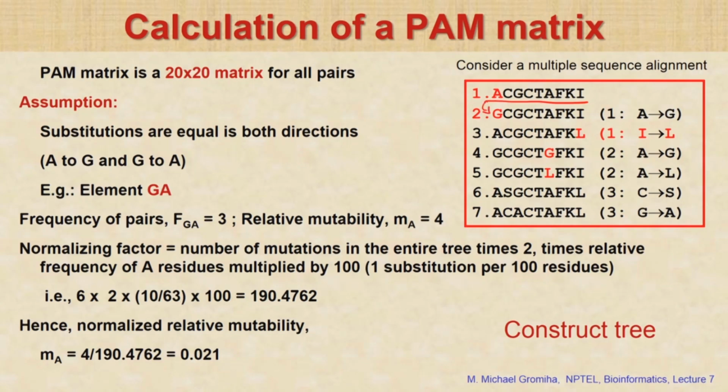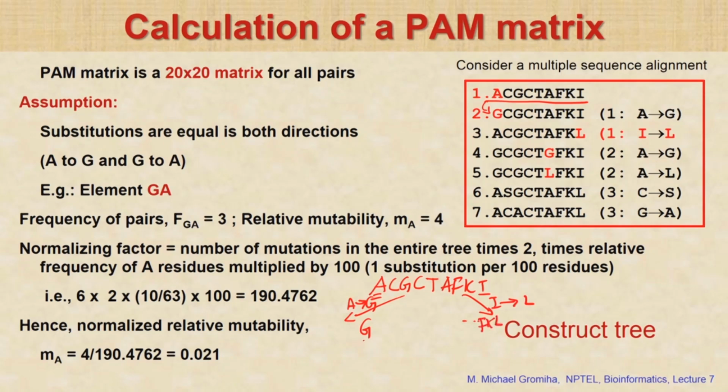The first one we have is this sequence A, C, G, C, T, A, F, K, I. Here A is mutated to G. The second one, I is mutated to L. So, here instead of I we have F, K, L.